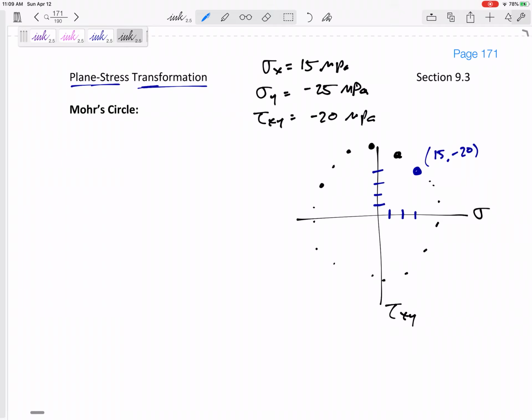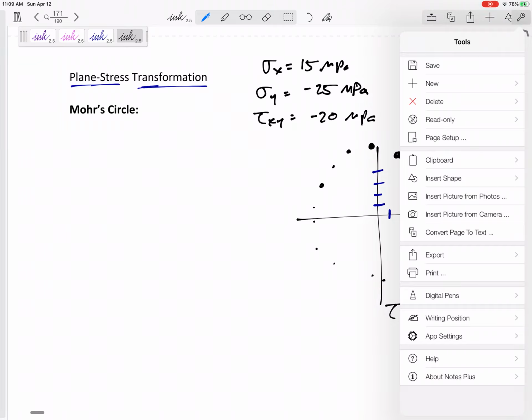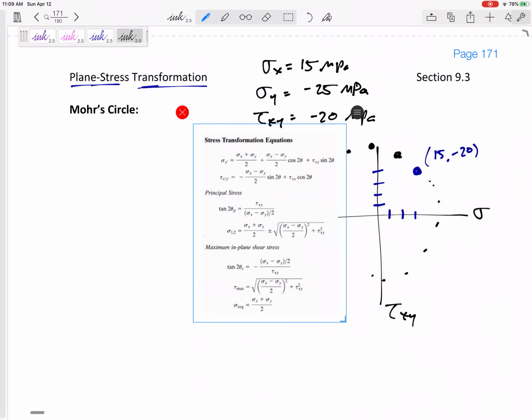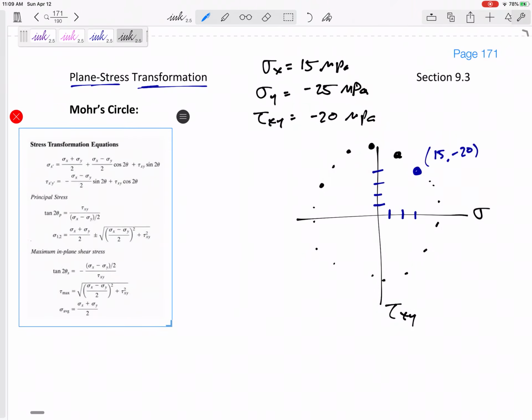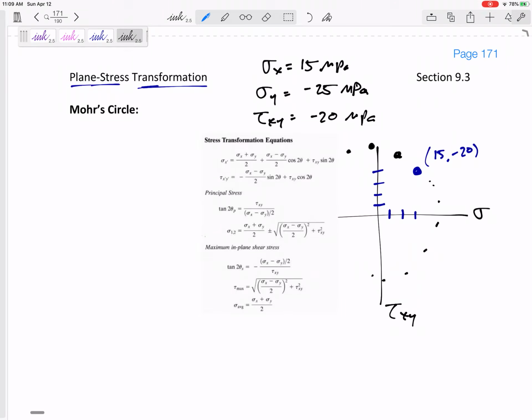It would be a circle. If we look at these stress transformation equations, it would end up being a circle if we look at normal stress on the x-axis and shear stress on the y-axis. Maybe I gave that away.